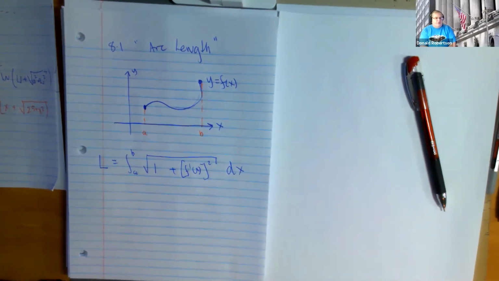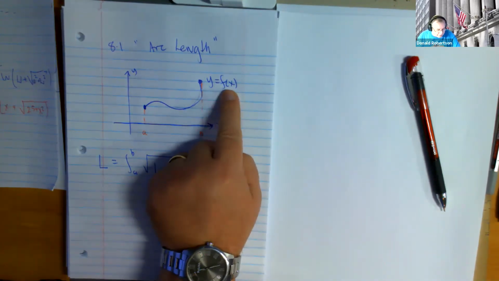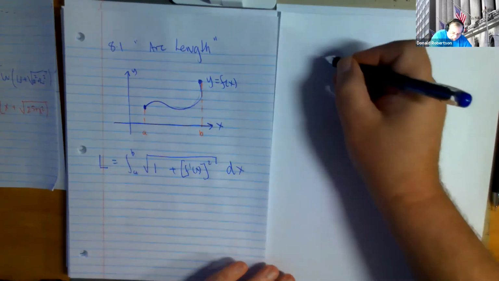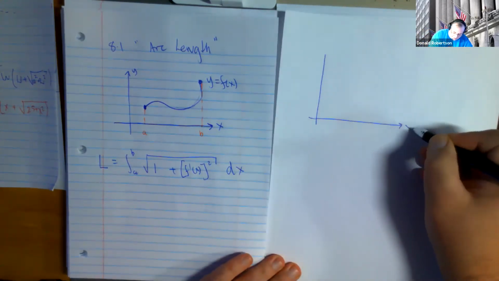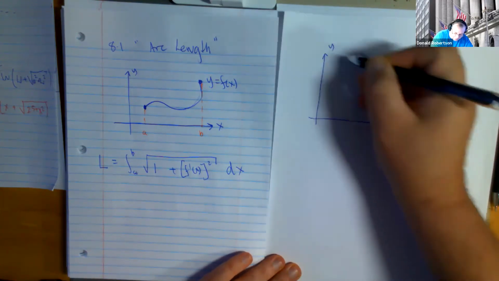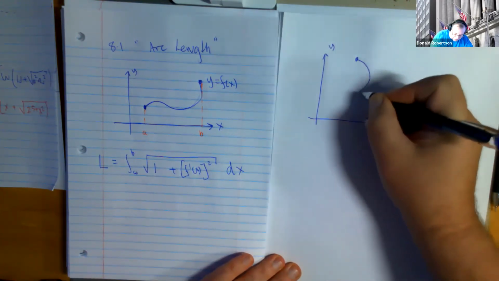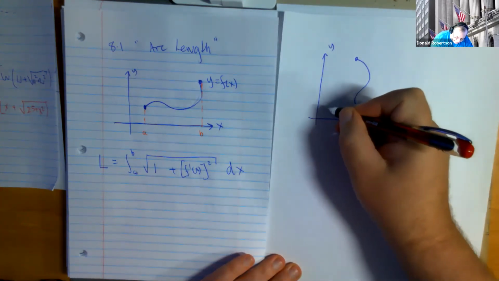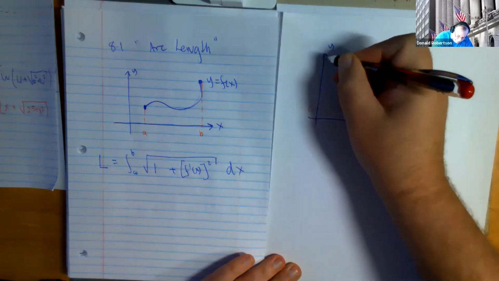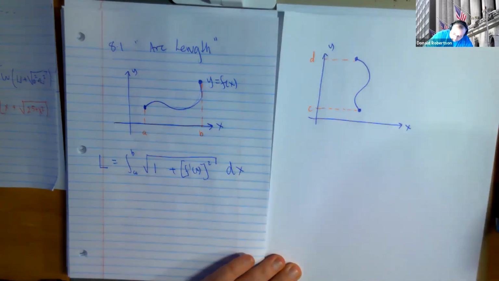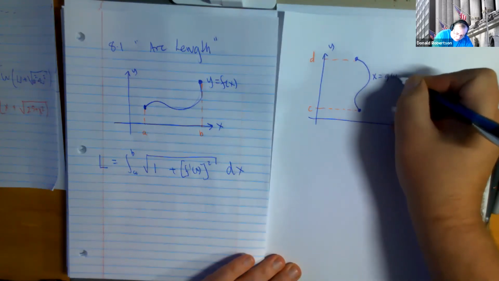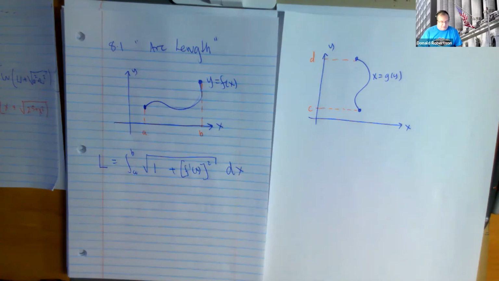And that's the formula when you are trying to find the arc length of a function called y equals f of x from x equals a to x equals b. Of course, you could have got a function that looked like this. Only this function would be called x equals g of y. You know, like x equals y squared, right?